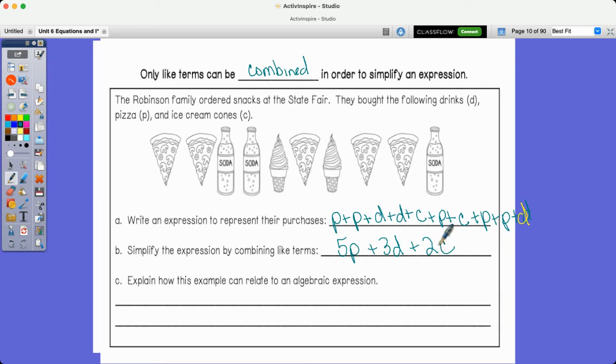So how does this example relate to an algebraic expression? Well, in algebraic expressions, each term can only be combined with another like term. For example, I can combine my x's with x's, in this case, p's with p's, d's with d's, c's with c's. This is very similar, in which pizza can only be combined with pizza.